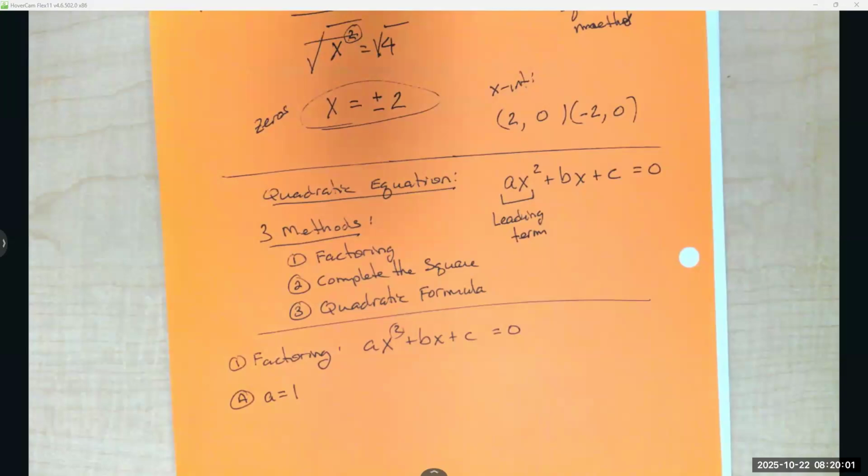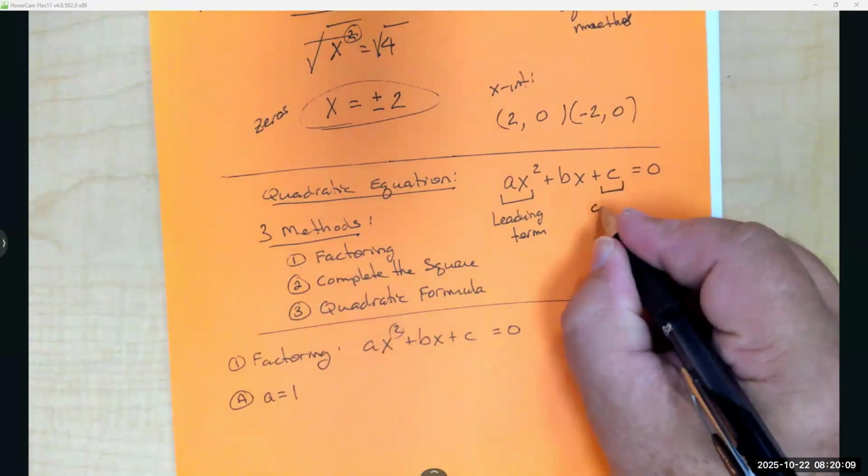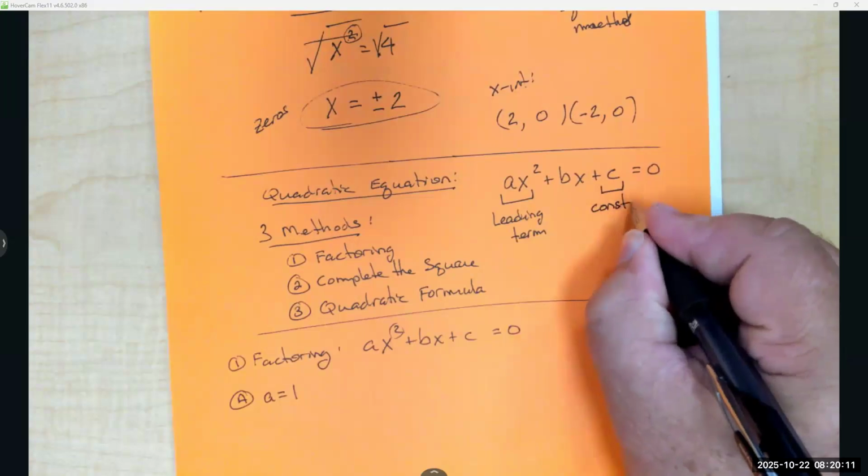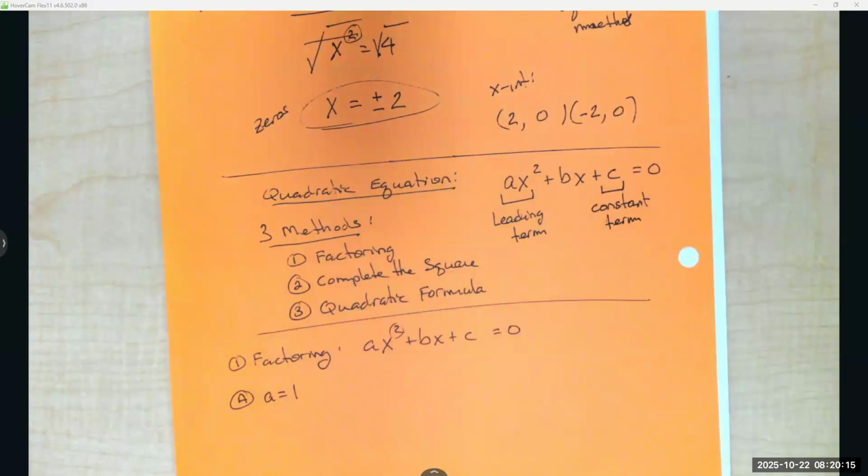It's the term that has the highest exponent. This term back here is called the constant term because it has no x value. It's a constant number. It never changes.